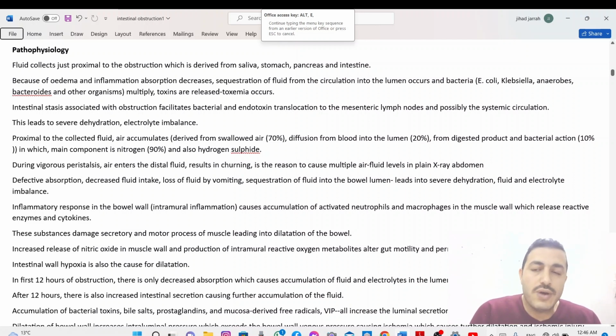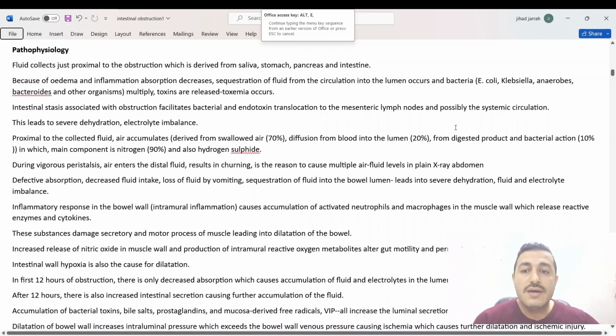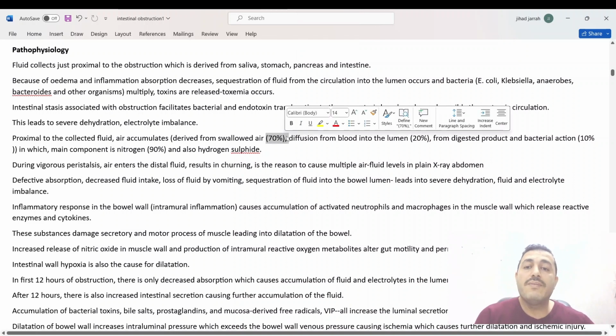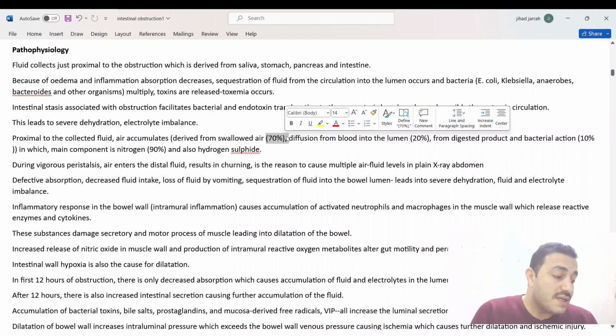Where does the air actually come from? You can see here, 70% is from swallowed air that we swallow. 20% is from the blood, from diffusion of oxygen from the blood, and only 10% from digested product and the bacteria as a result of degradation of the product.